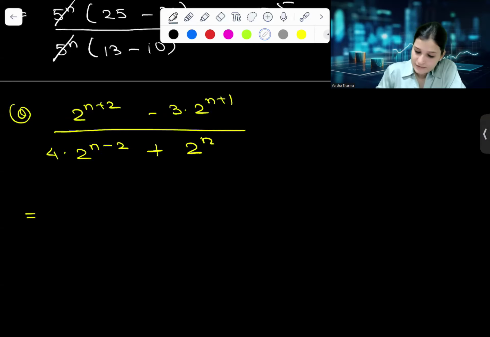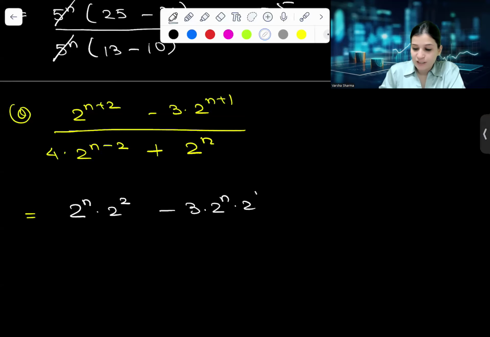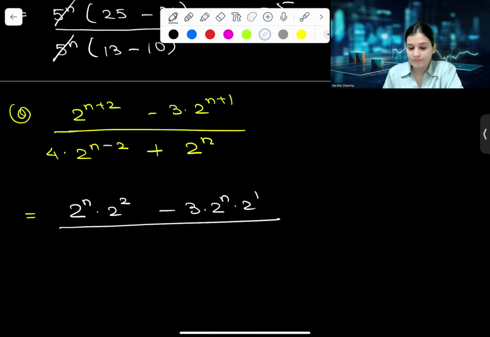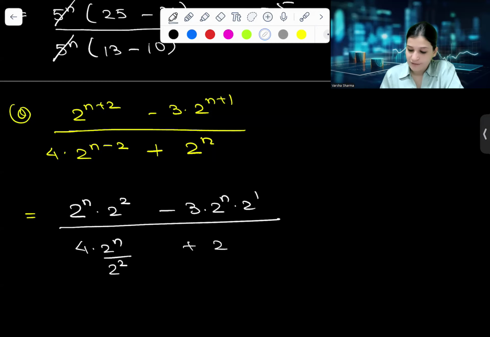Okay. Let's see. 2 power n plus 2 can be written as 2 power n into 2 power 2. Then minus 3 into 2 power n into 2 to the power 1. Then 4 into 2 power n divided by 2 power 2, plus 2 power n.